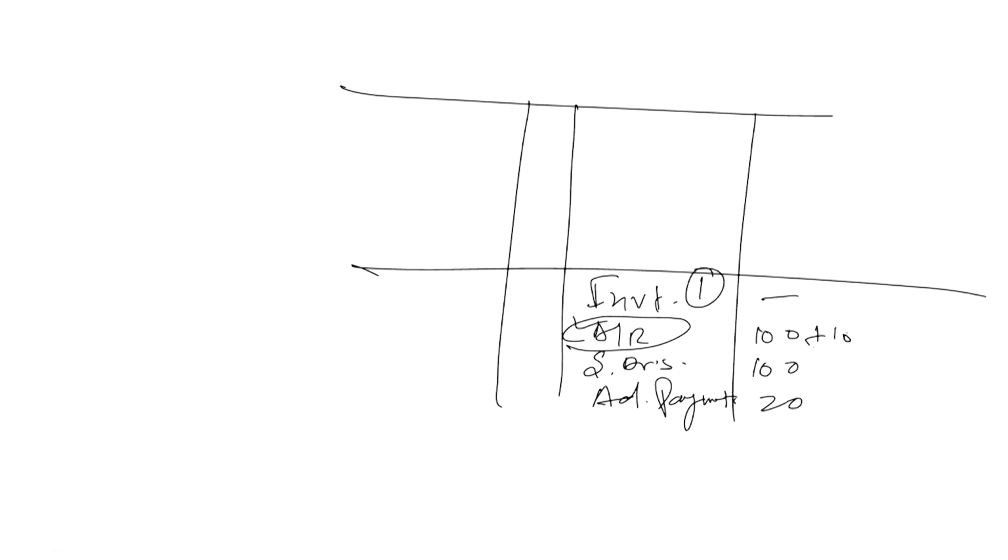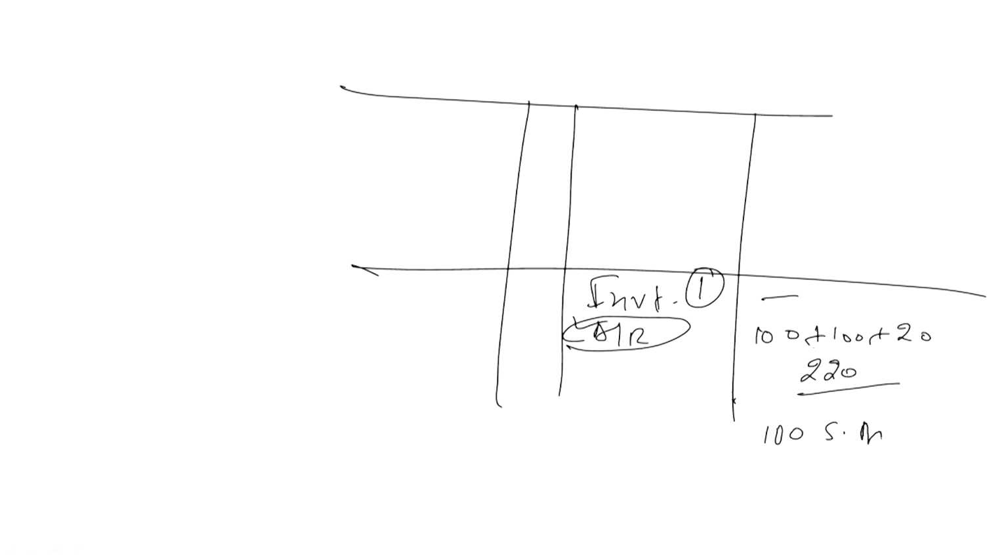You will add them up, 100 plus 100 plus 20. These will not appear individually in the balance sheet, so the total amount will become 220, right. Out of 220, 100 is sundry debtors, 20 is advance payments, and the remaining 100 is accounts receivable.